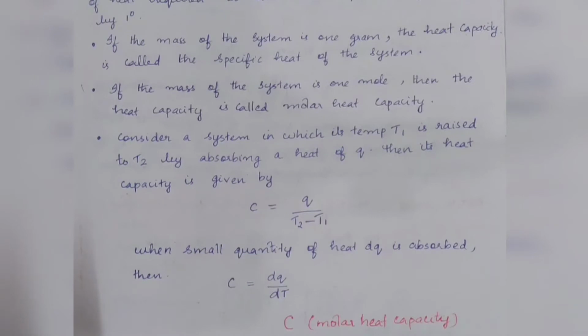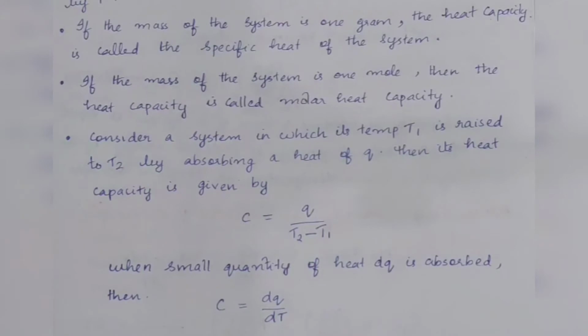If the mass of the system is 1 gram, the heat capacity is called the specific heat capacity of the system. And if the amount of the system is 1 mole, then the heat capacity is termed the molar heat capacity.